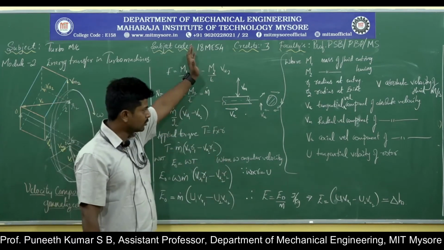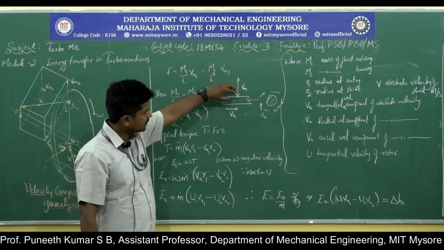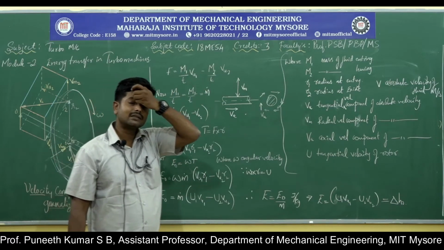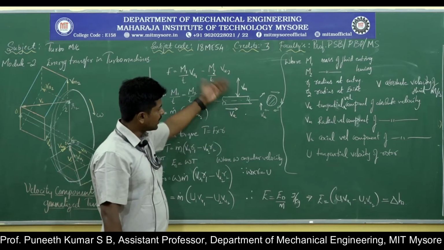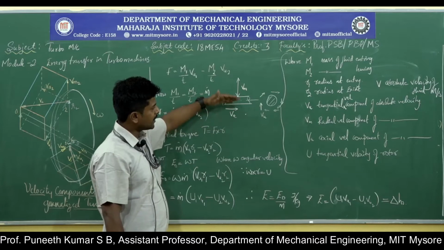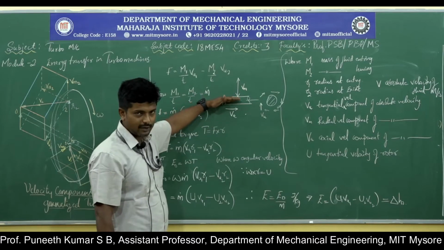So, the absolute velocity can be resolved into three basic directions. How have we named them? The naming is done with respect to the axis of rotation of the shaft.